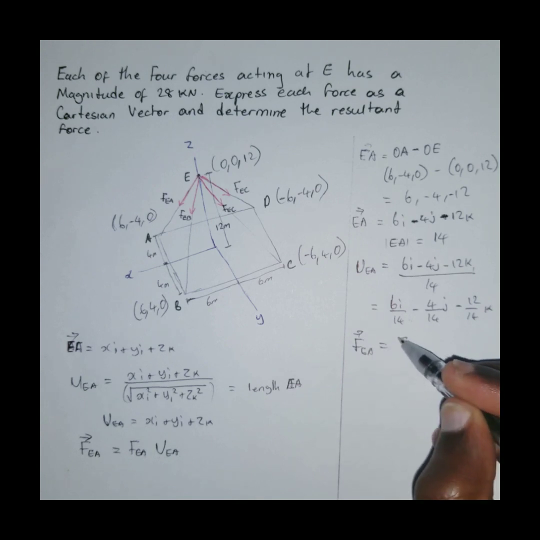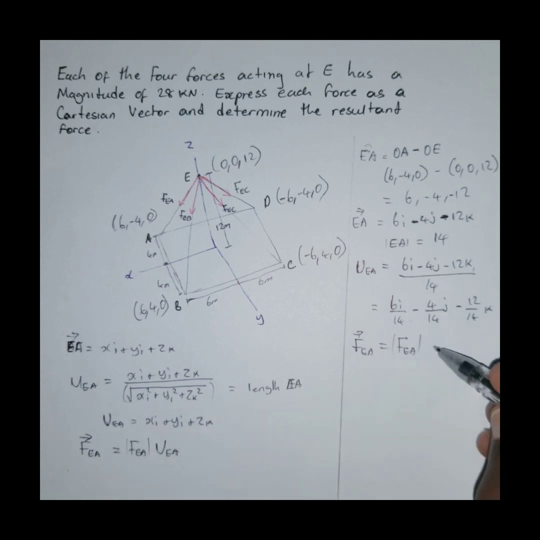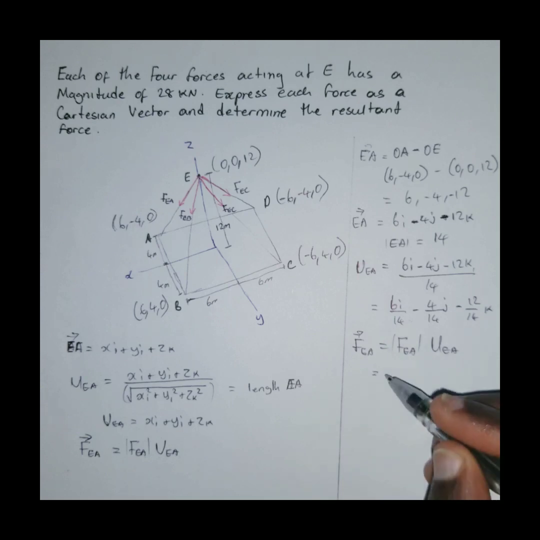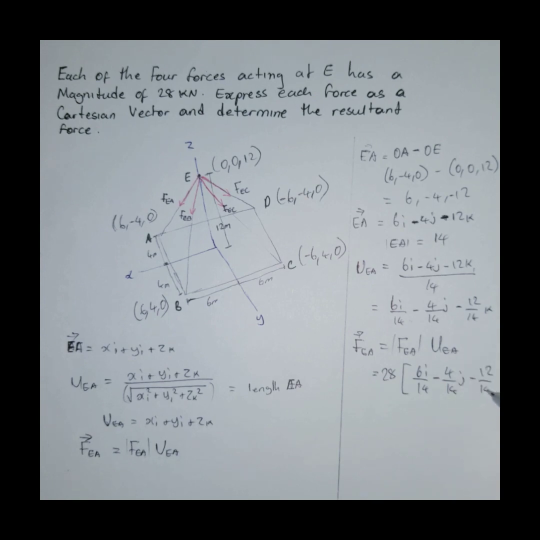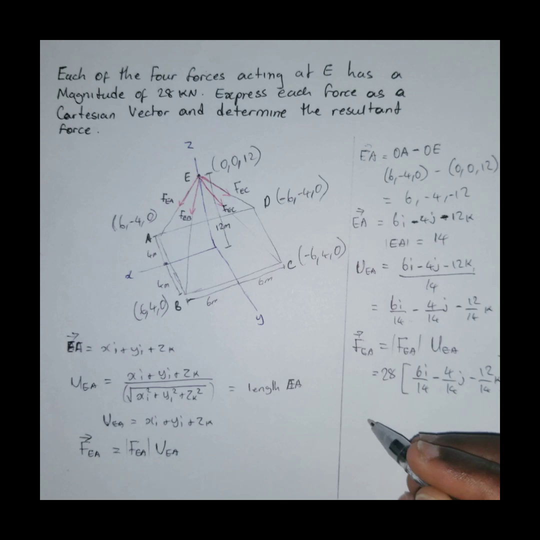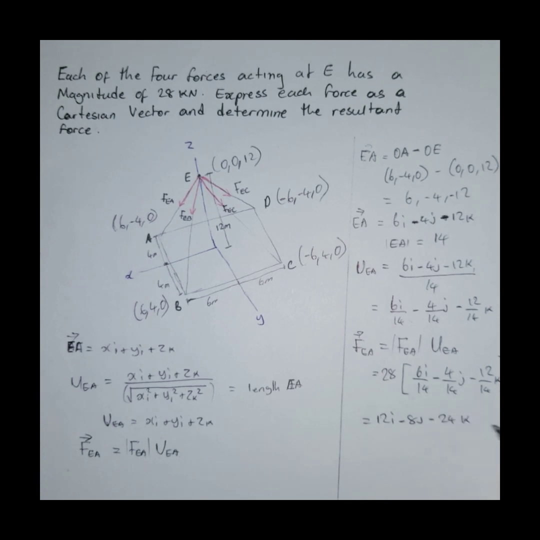So FEA is equal to FEA, here in this case the magnitude. Let's do that. UEA, which is the unit vector. So I multiply this by 6i over 14 minus 4 over 14 j minus 12 over 14 k, and this will give us 12i minus 8j minus 24k.